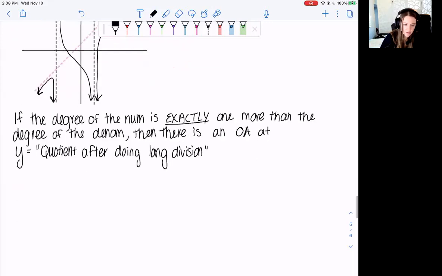So let's do an example where we find the oblique asymptote. I think I'm going to do a different one. Yeah, we'll do this one.